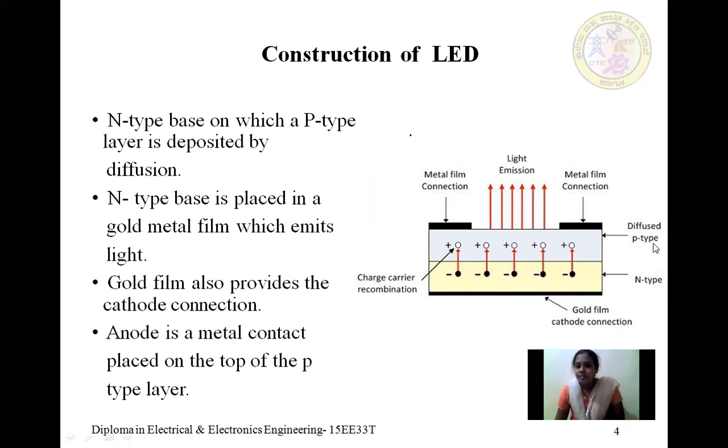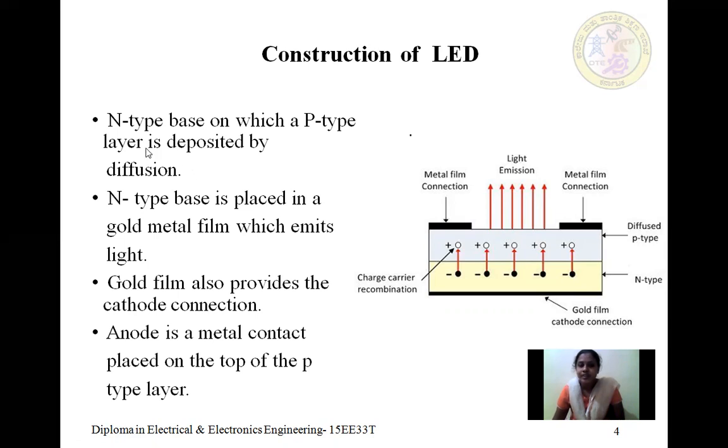The P-type semiconductor is placed on the N-type semiconductor by a diffusion process. This P-type has majority holes. On this P-type, a metal film connection has been provided that gives the anode connection. So this is the construction of an LED.